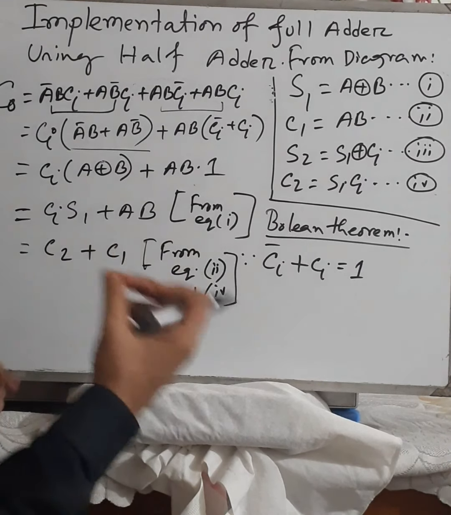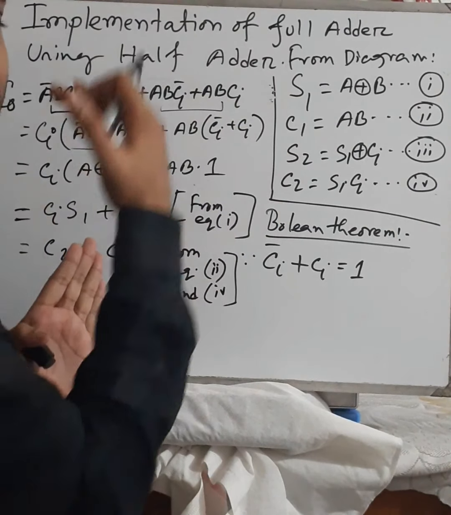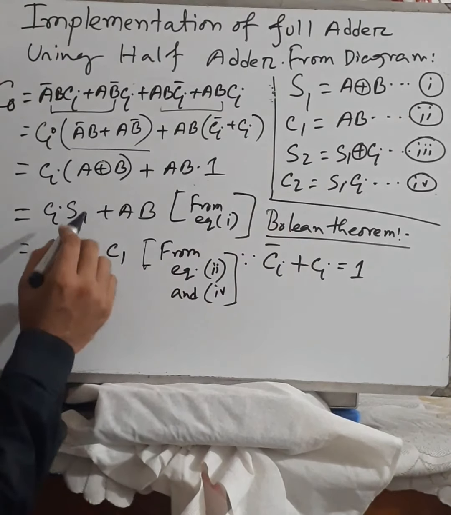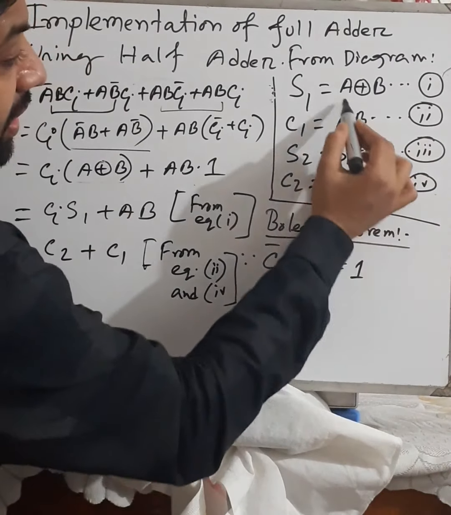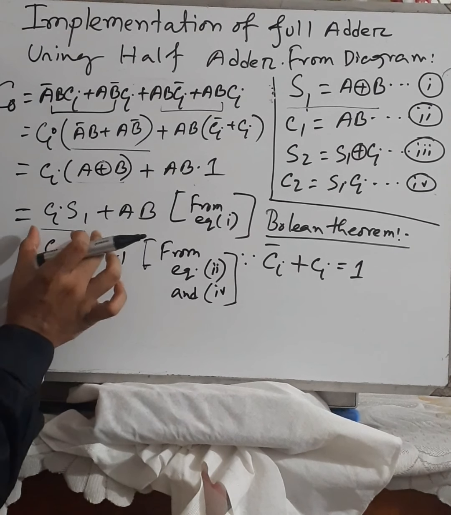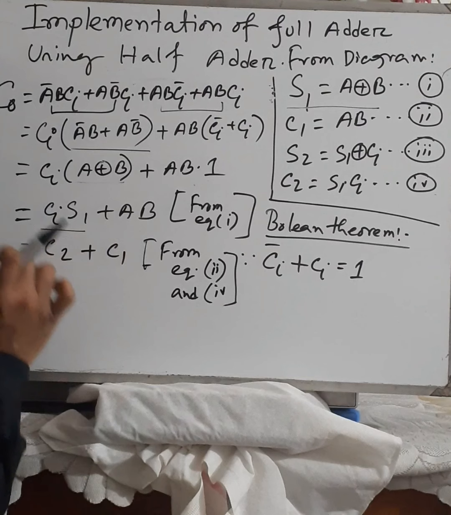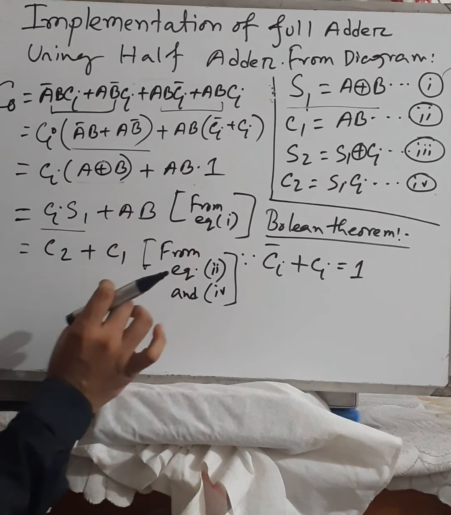Now I'm putting in the values from the equations I got from my previous diagram. You see, A exclusive-OR B in equation number 1 equals sum 1. I'm simply putting down sum 1 here, and I keep AB untouched.